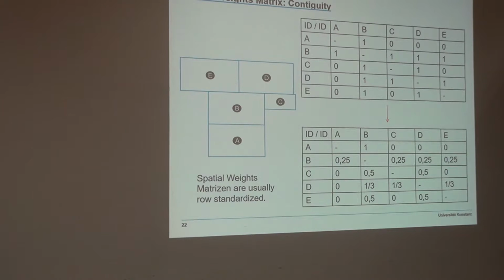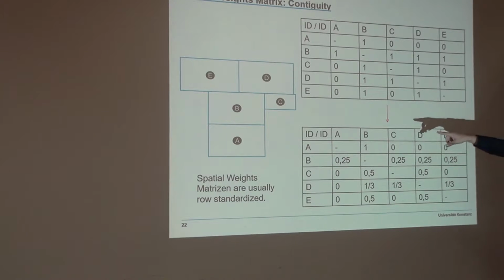So when they have only one neighbor, then the influence of this one neighbor is very large. But when they have 5 neighbors, then the influence is only 1 divided by 5, so 20%. And it has also computational reasons. But I can't really tell you about this.